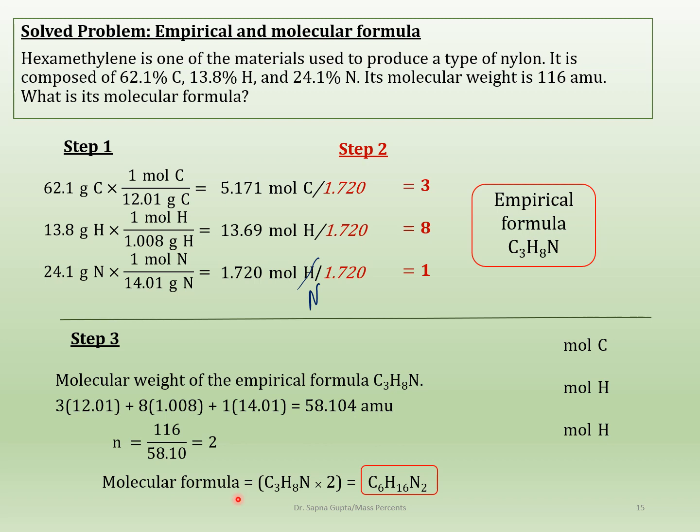C3H8N. Now, if you're wondering how to write this, can you write H8NC3? At this point, sure, you can write whatever you want. But technically speaking, in chemistry, there is a sequential way of writing elements. But at this time, I'm going to let that go. So you can write whichever one you want first.